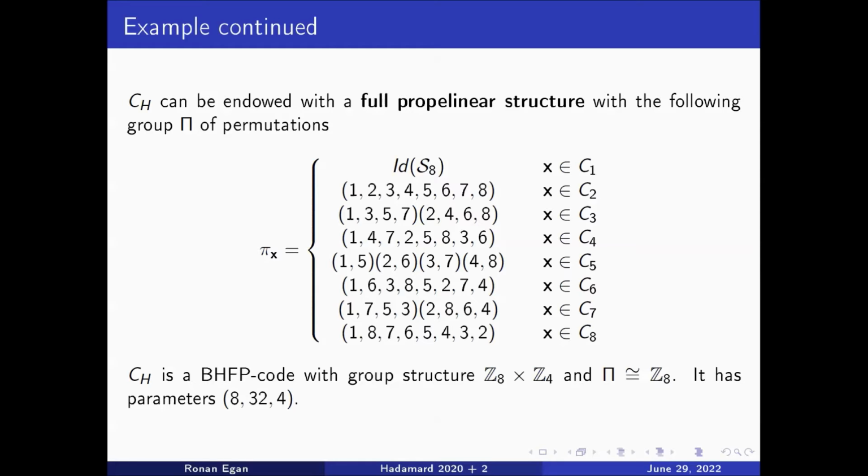It's length 8. If you were to check, you would see it has a minimum Hamming distance of 4. It has a group structure isomorphic to this abelian group, Z8 times Z4. And then the actual permutation group just generated by the pi is the group Z8. So they don't have to be abelian, but this is just a relatively small example.